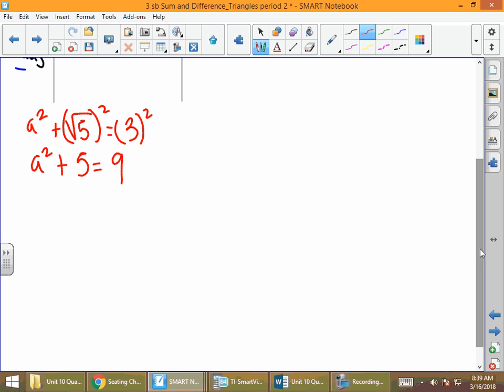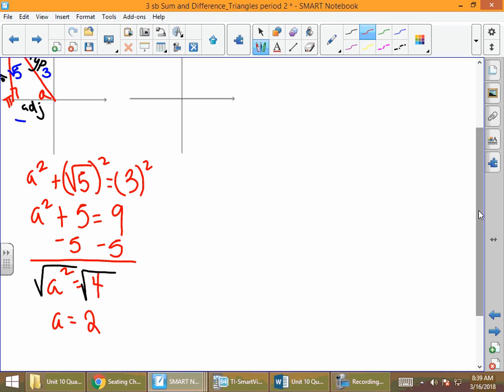Subtract 5 from both sides. We get a squared equals 4. And then we're going to take the square root of both sides. We get a, there's 2. We can fill that value back into our triangle over here.